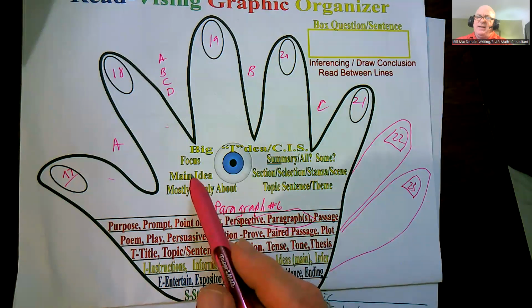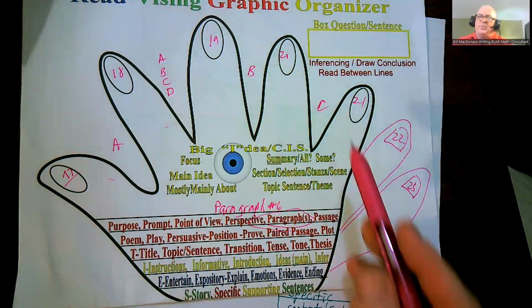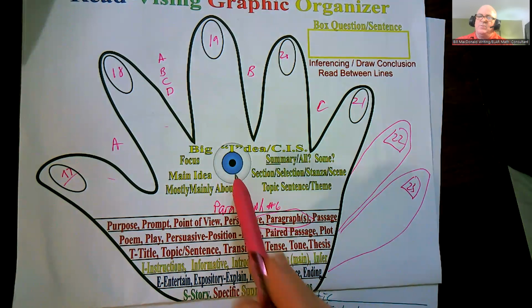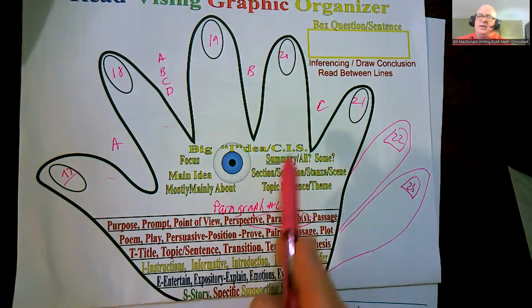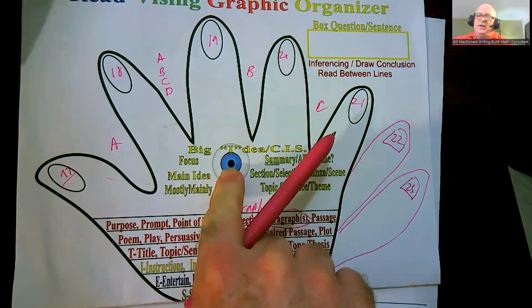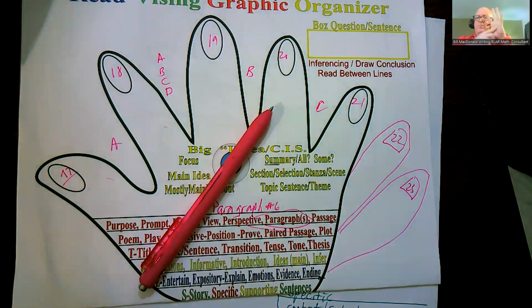What sentence could be added to clearly state the focus of the entire selection? That would be the eyeball there, the focus. What sentence could be added to clearly state the central idea of the selection? And I would touch the center, and you can feel if you touch the center of your hand, all your muscles moving.